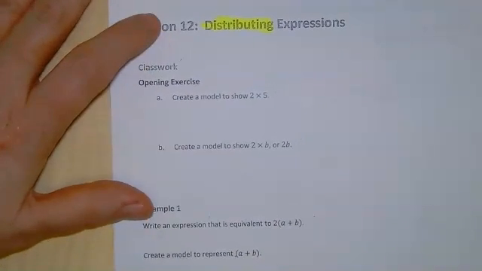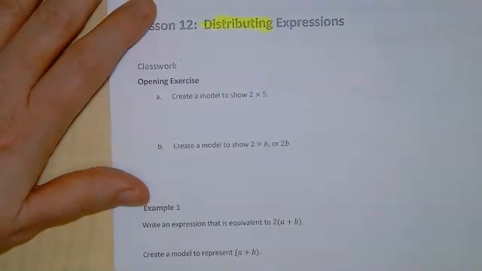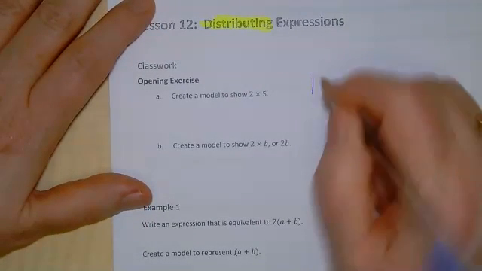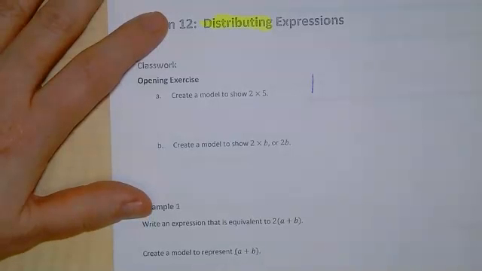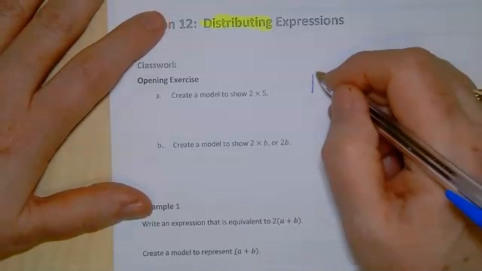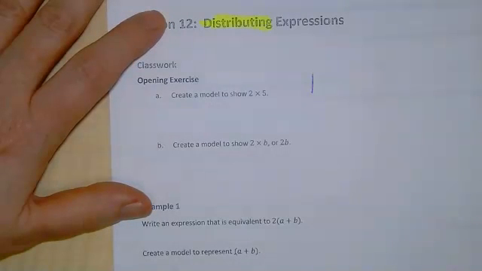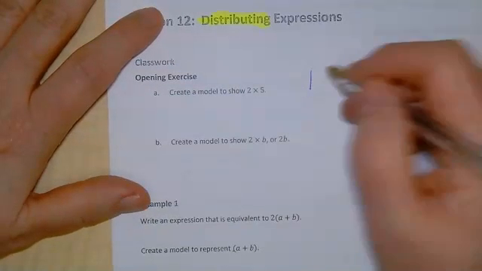How could I draw 2 times 5? Draw a tape diagram. With how many boxes in it? So there would be a long tape diagram with a split, and there would be a half point, with one side of the split showing the 2 and the other side showing the 5.